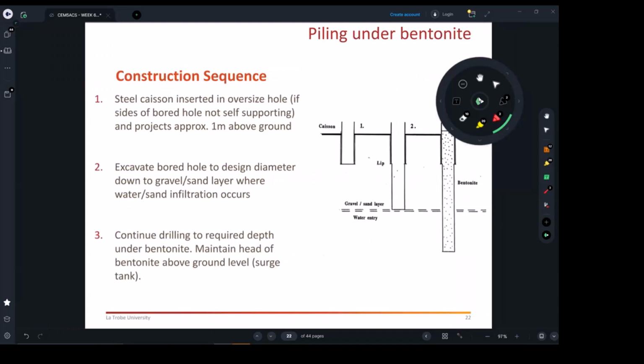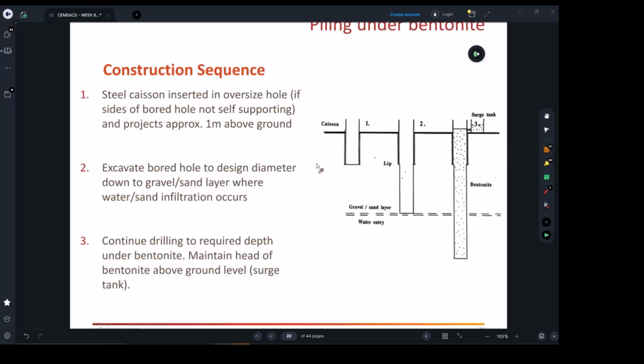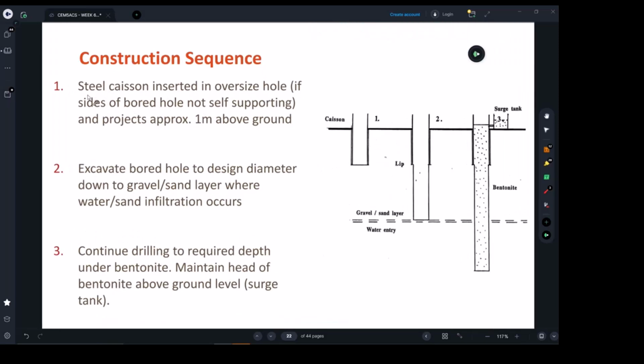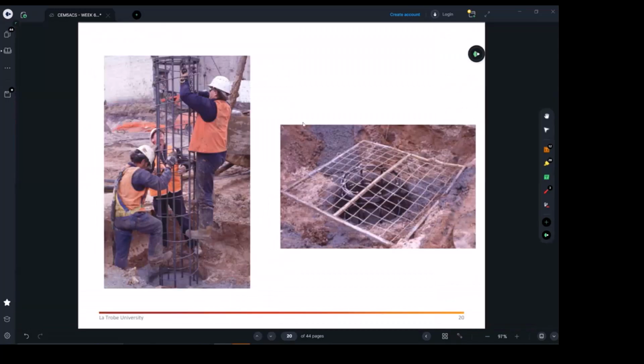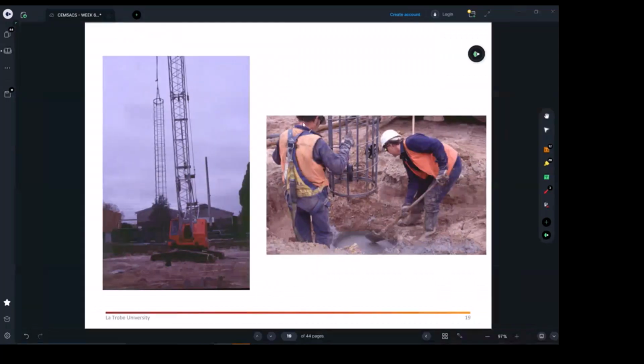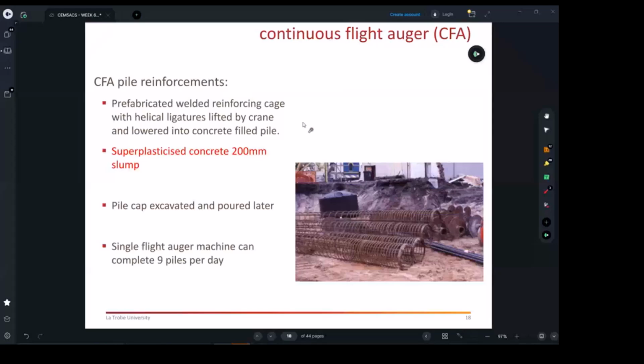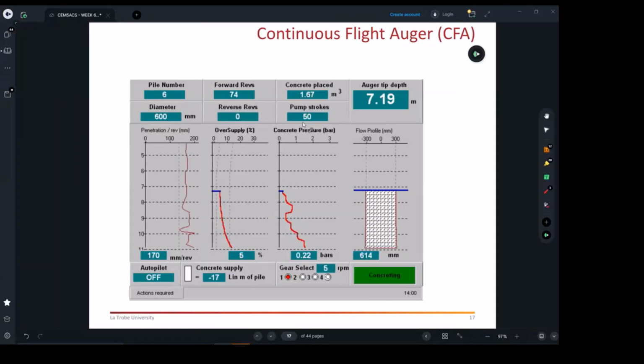So there is a construction sequence which I suggest you really go through and imagine, and it will help you understand the concept of using bentonite in that piling approach. First of all, we're usually going to use the steel casings, which are these elements. Mostly it's required given the situation we're talking about: a sandy soil or saturated sand.